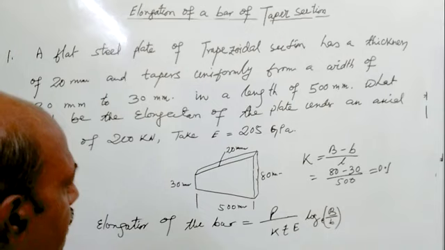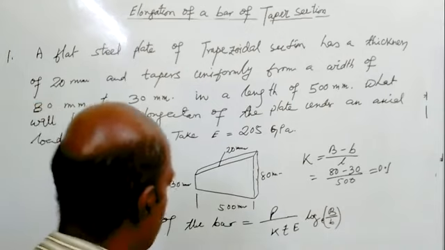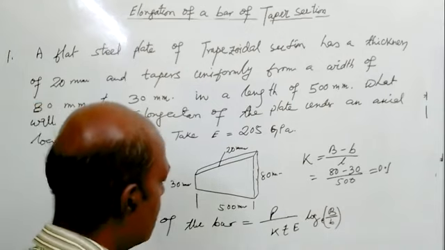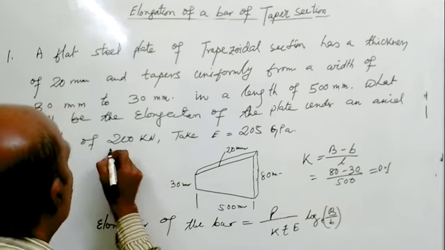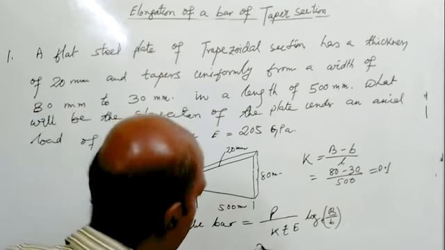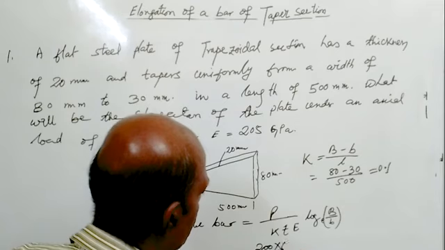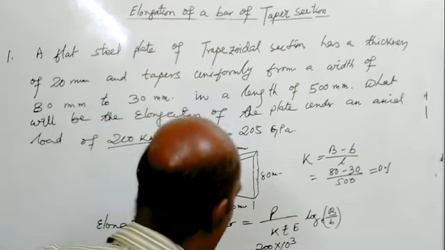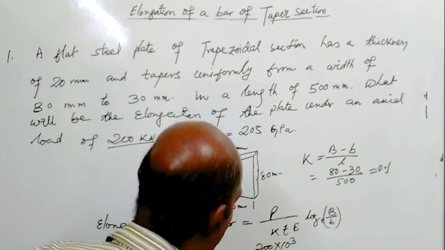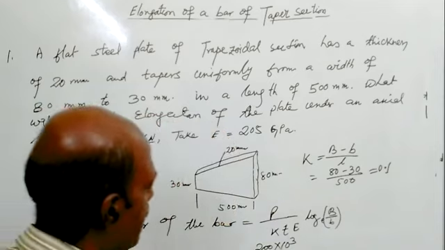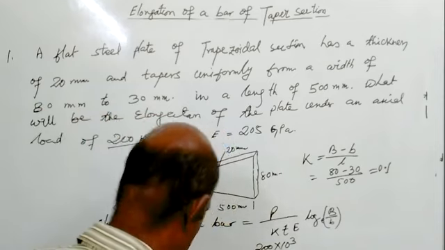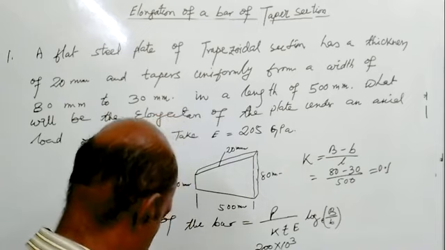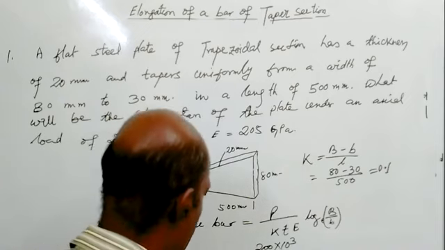Here P is given as 200 kilonewton, so we can write 200 into 10 to the power 3 Newton, divided by K value 0.1 into the thickness, 20 millimeter.